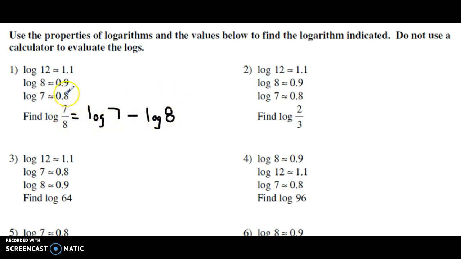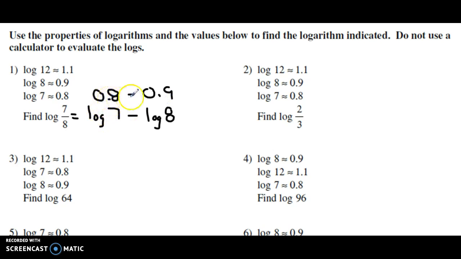Now, we know from right here that log base 10 of 7 is 8/10. Okay, so this is 0.8, approximately speaking. We know that log base 10 of 8 is 9/10. So we can subtract 9/10.